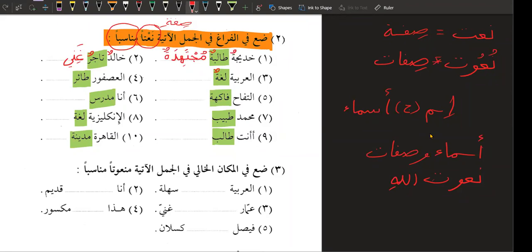العربية لغة سهلة. Or we can say جميلة وعظيمة. So Arabic is an easy language. جميل. لوجين. العصفور طائر صغير.